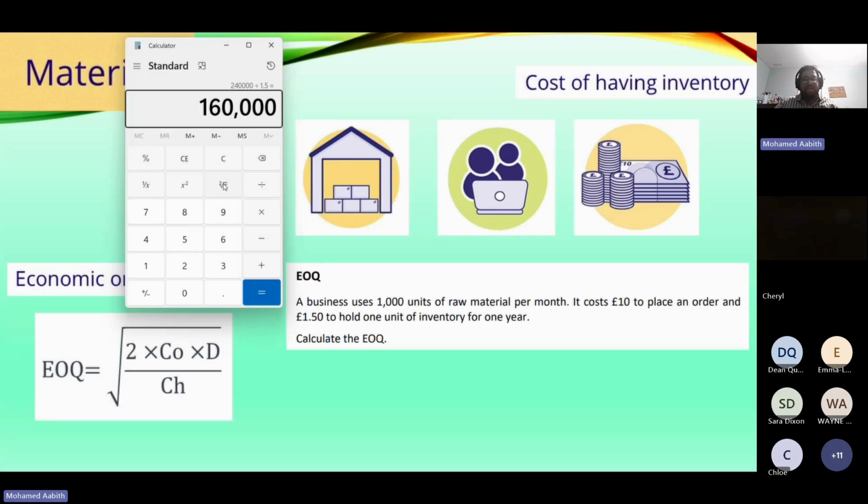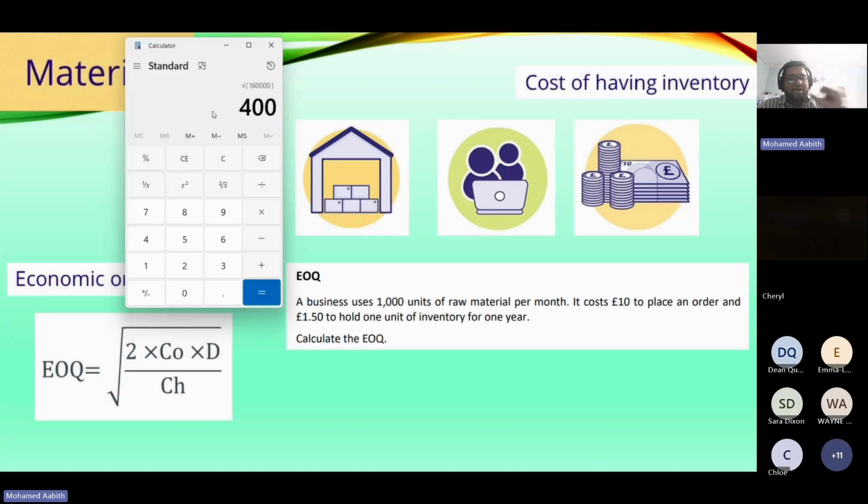Let's quickly press the square root button to find the square root of it. They are asking what is the best ordering quantity: how many items do I need to order in each one of my orders? I press that button and it tells me it is 400. So I need to order 400 every time.